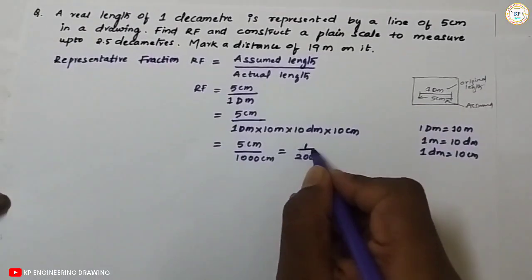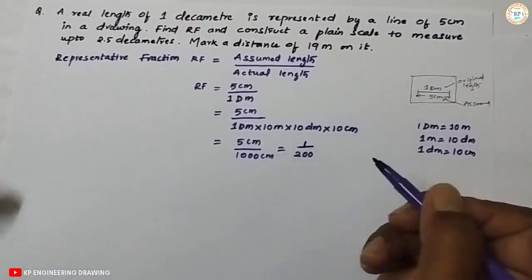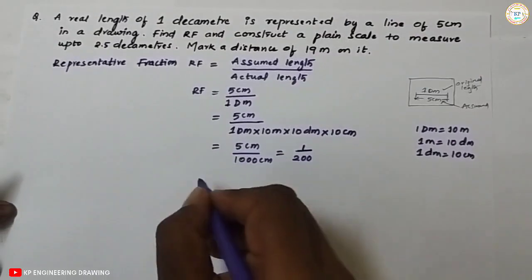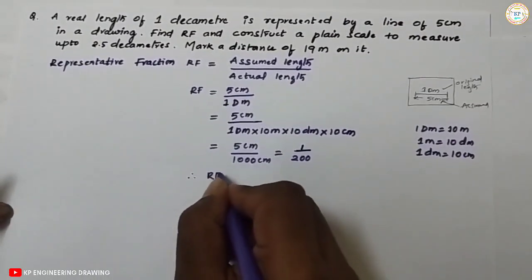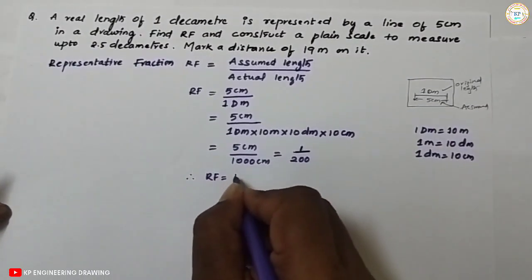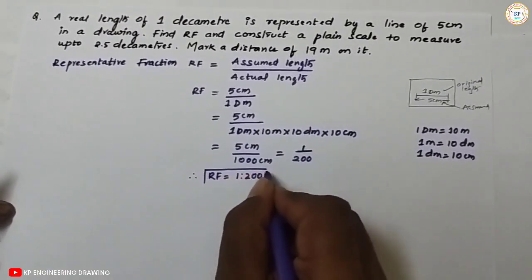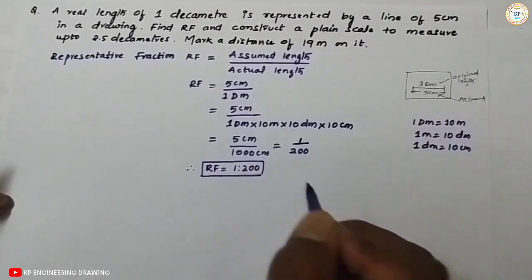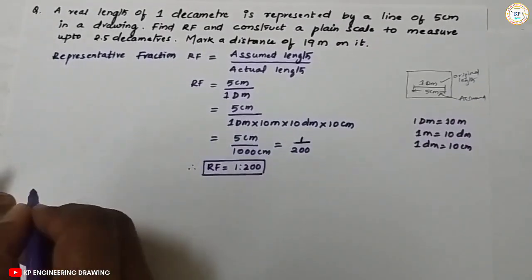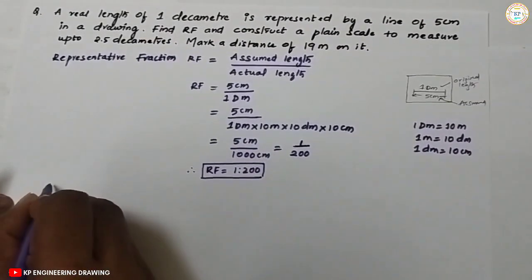So we'll get 1 by 200. So this is the RF. Therefore RF is equal to 1:200. Right? Now next we need to calculate length of scale.